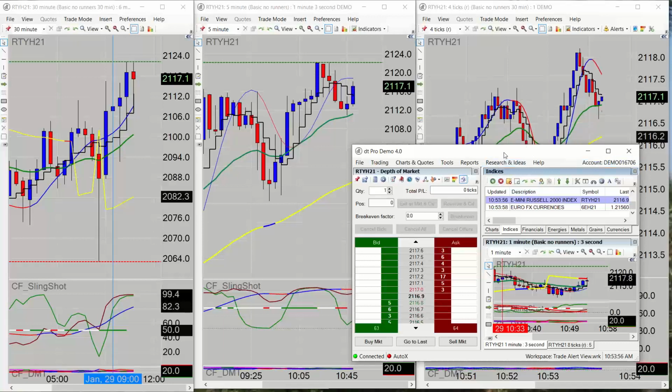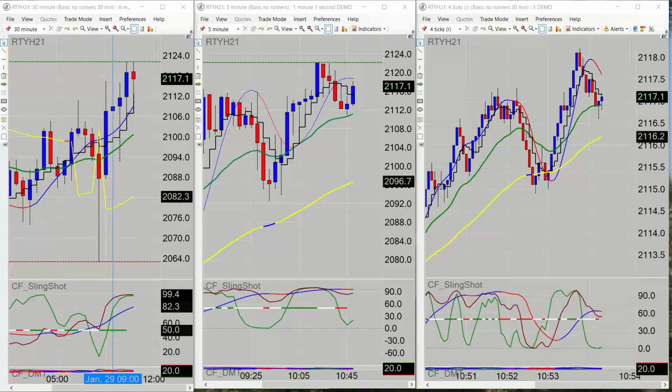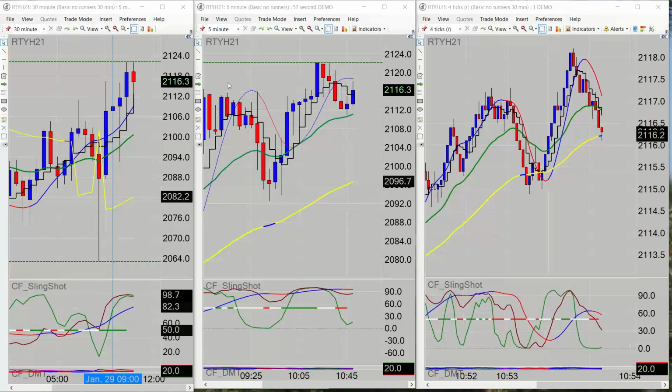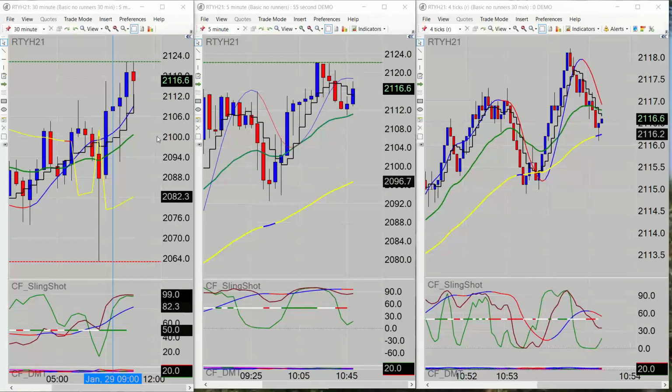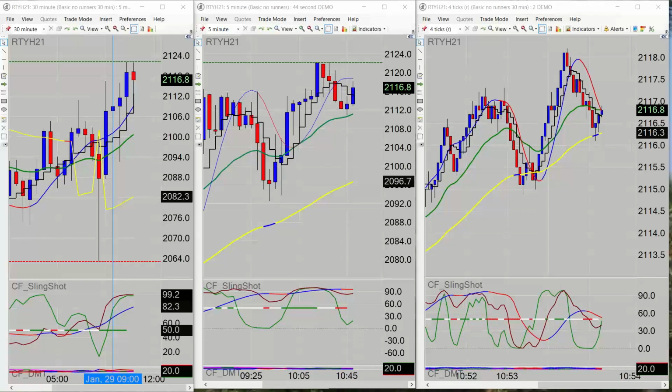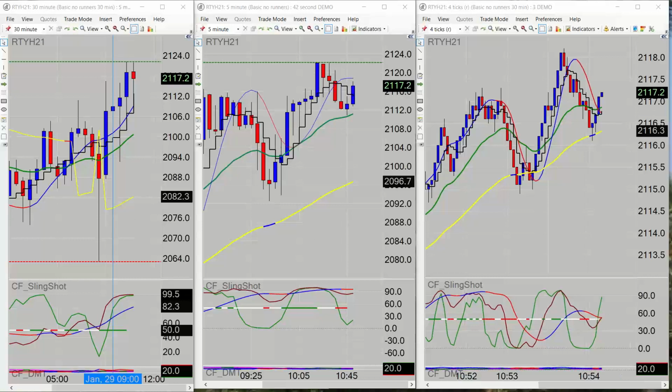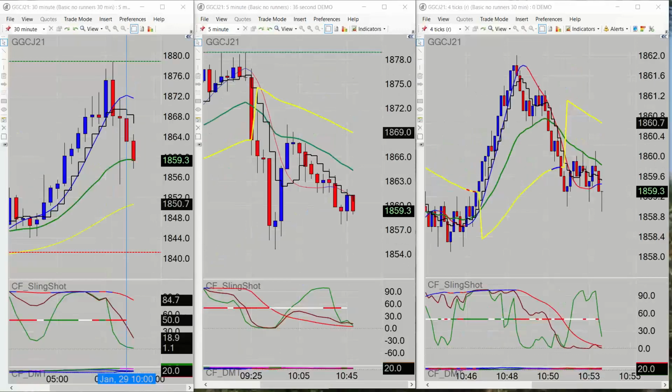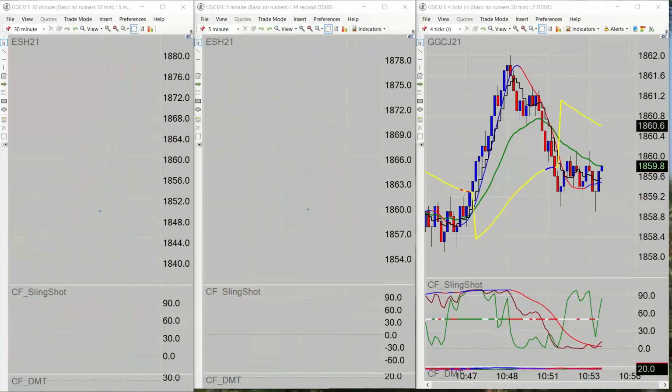So if you're going through the market, you're just going to be trading the alerts, and you have this kind of setup where you have your fractal charts, but each chart is the same market. You can use that feature to make things a little bit easier for you. Okay. All right.